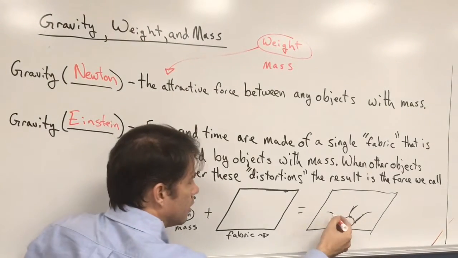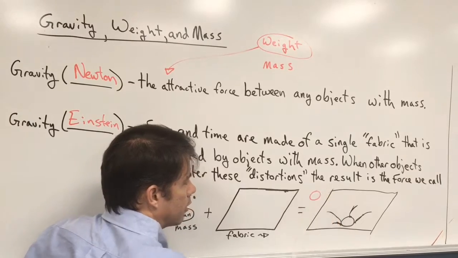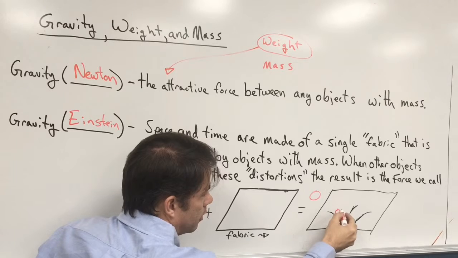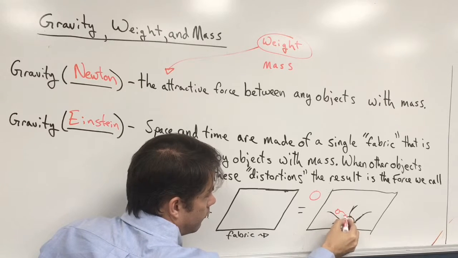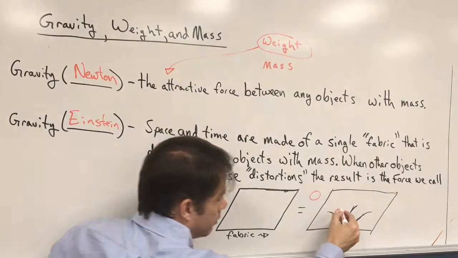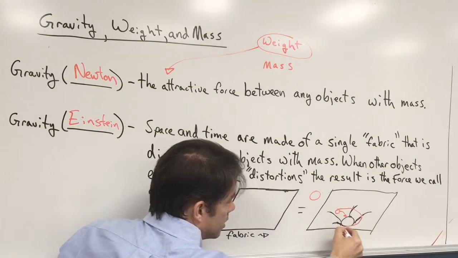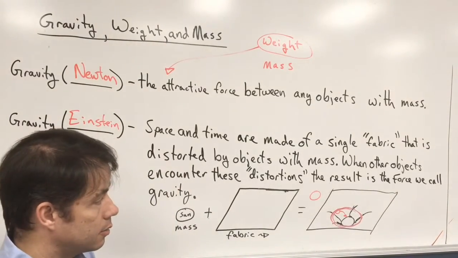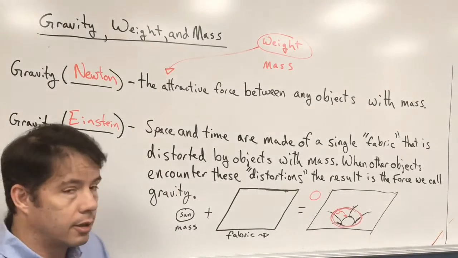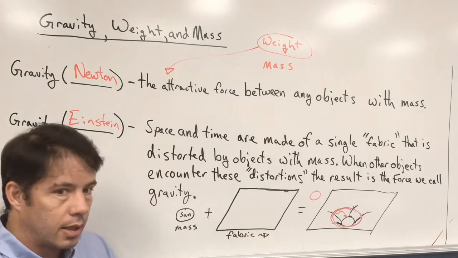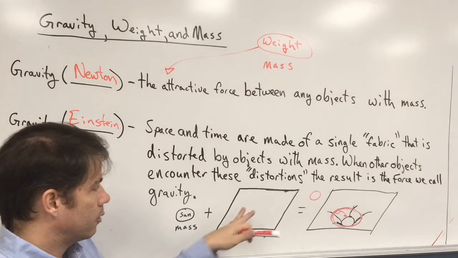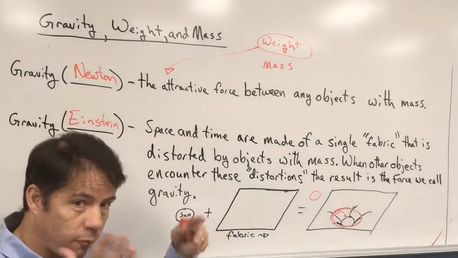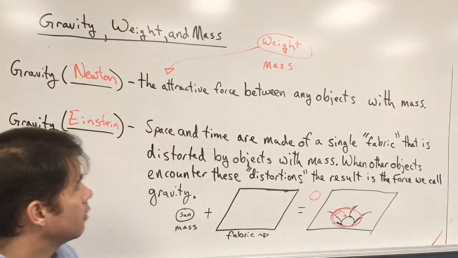So if I take the Earth and set it also on this fabric, it could roll towards the sun and fall into the hole created by the sun, but the Earth is also moving, and so it basically wraps around in 3D, but it's caught by this hole that the sun is creating, this bending, almost like a pothole. The planets get trapped around the sun because of this folding of space.